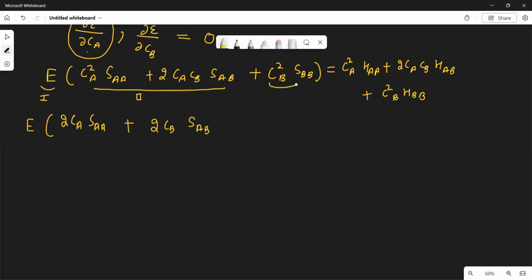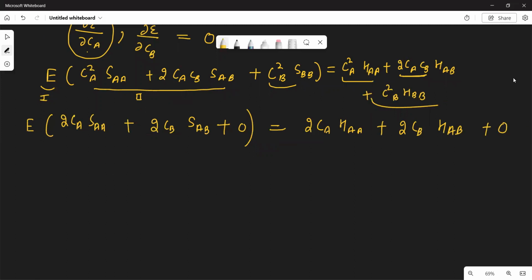Here we have only CB squared, so if we differentiate it with respect to CA, we will get 0. The differentiation of this with respect to CA is 2CA HAA plus 2CB HAB, and the third term will be 0. You can see we have 2 in each term, so it will cancel out.